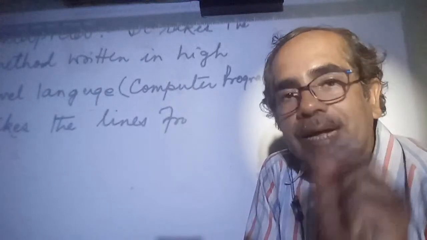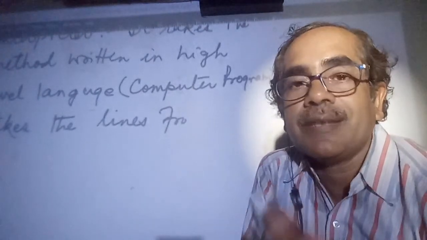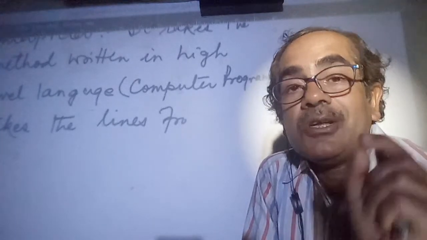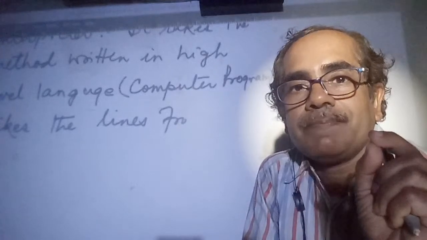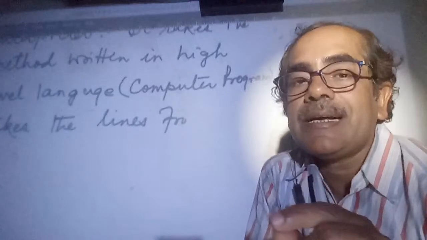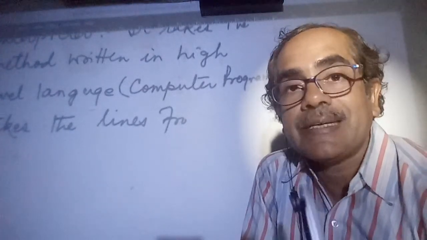Once you write immediately, soon after the class, and parents are also maybe listening, then our parents are also requested to insist the students to write immediately what the students have learned, what your ward has learned.